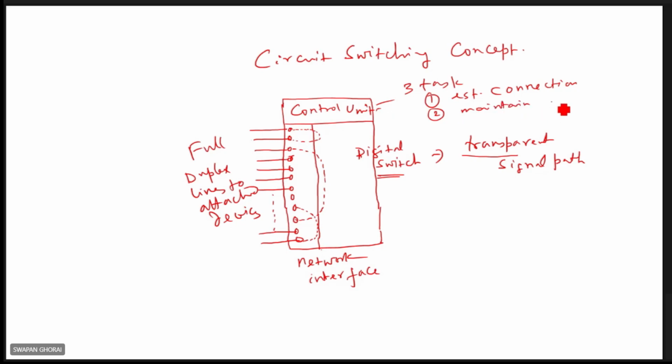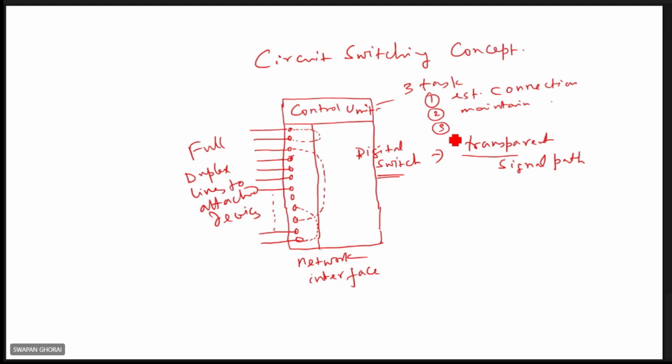It must maintain the connections because there can be time division principles, so ongoing manipulation of the switching elements would be required. And number three, termination of connections.